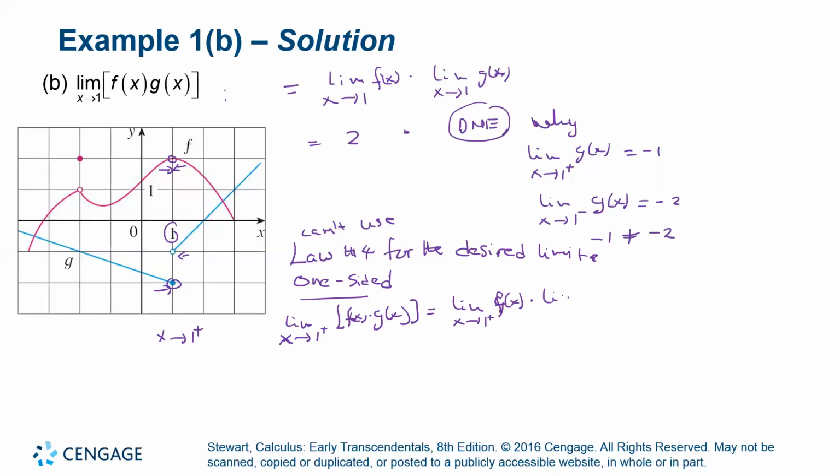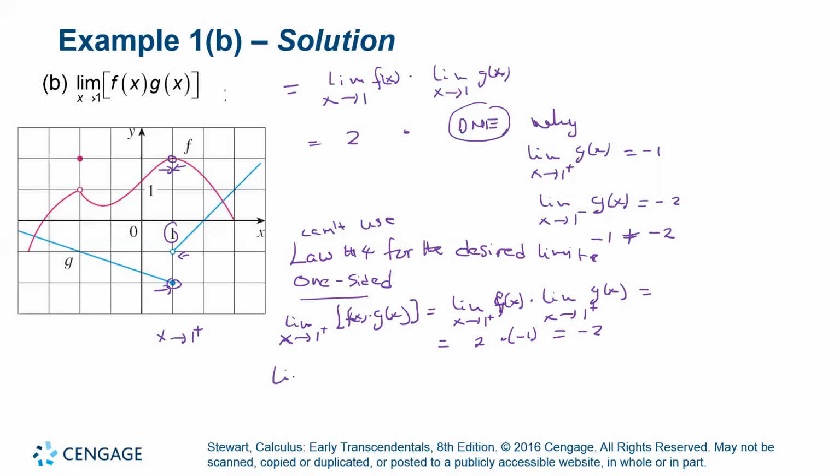We write it as the limit x approaching 1 from the right of f of x times the limit x approaching 1 from the right of g of x. From the graph, f approaching from that side is 2, and g of x from the right is -1. So this is equal to -2.